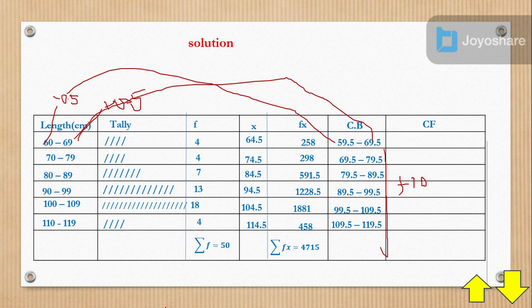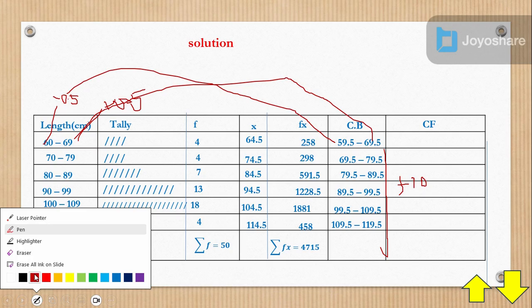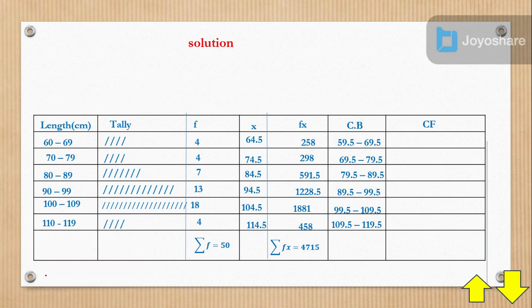Okay, simple. Then lastly, we also get the cumulative frequency, and this means we just keep on adding the frequency. Okay, good. Now realize that when we add the frequencies, we start with the first value in the frequency, and the first value is this 4.